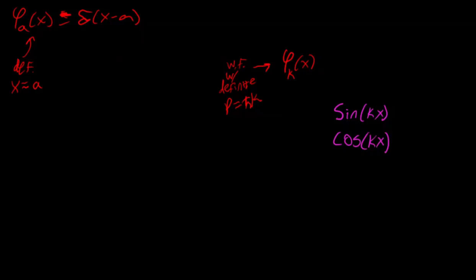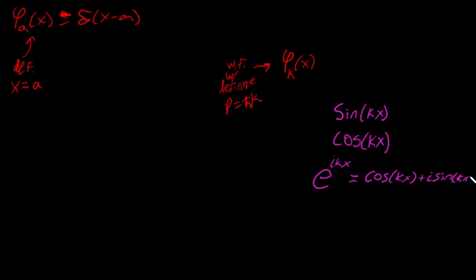Right now we're going to look at a particular combination of sines and cosines, and that's going to be e to the i kx. Hopefully you can also review that video on complex exponentials that I will also link. We know e to the i kx is cosine kx plus i sine kx.